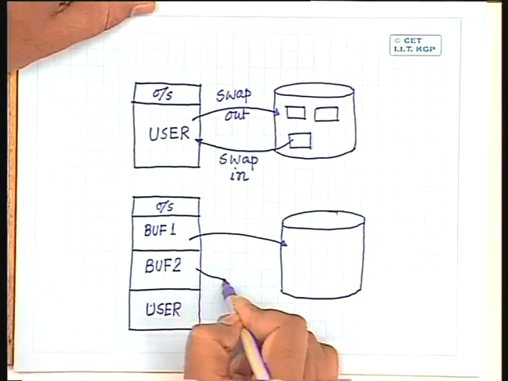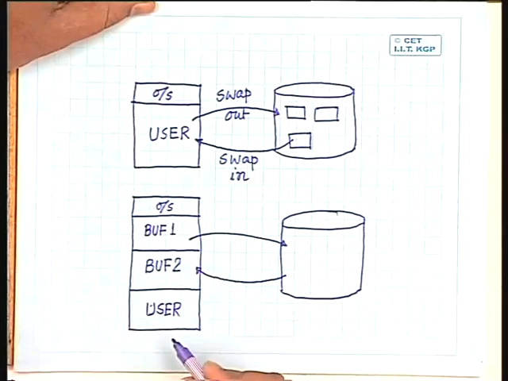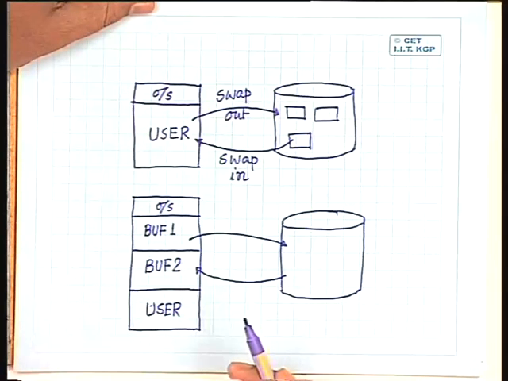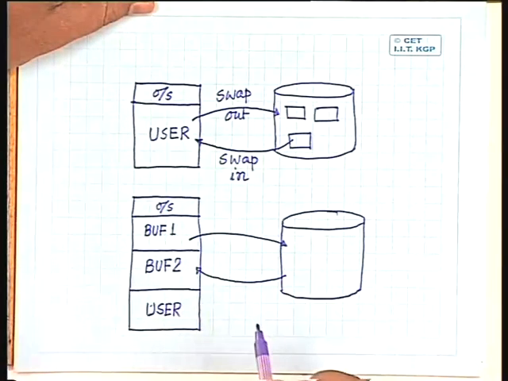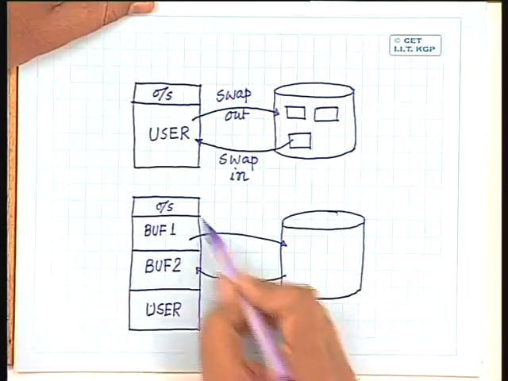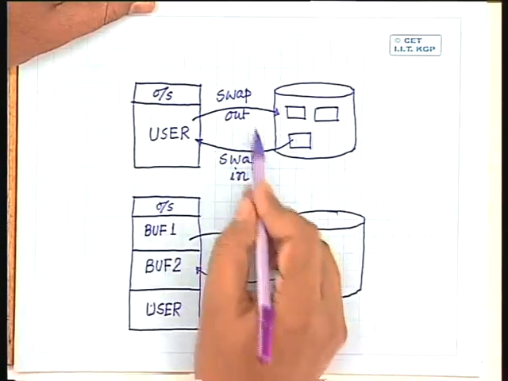I will swap in a new process from the secondary storage into buffer area 2, and simultaneously the process in the user area can be executed by the CPU. So I can have overlapped swap in, swap out and CPU execution, which improves the efficiency of the CPU.